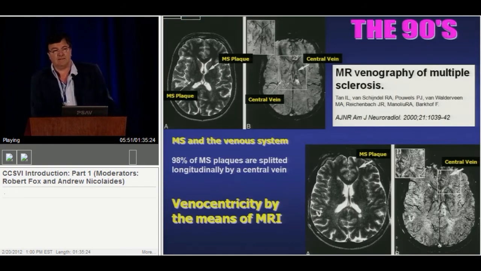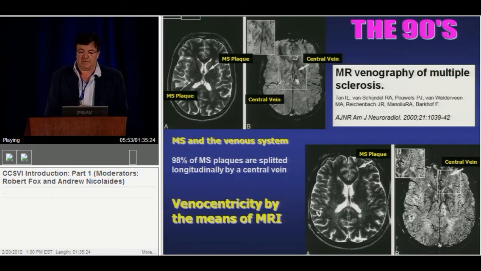At the beginning of the 90s, or between the 90s and 2000, there was a fantastic improvement in MR venography, and so it was easy to demonstrate the venocentricity of the plaque.